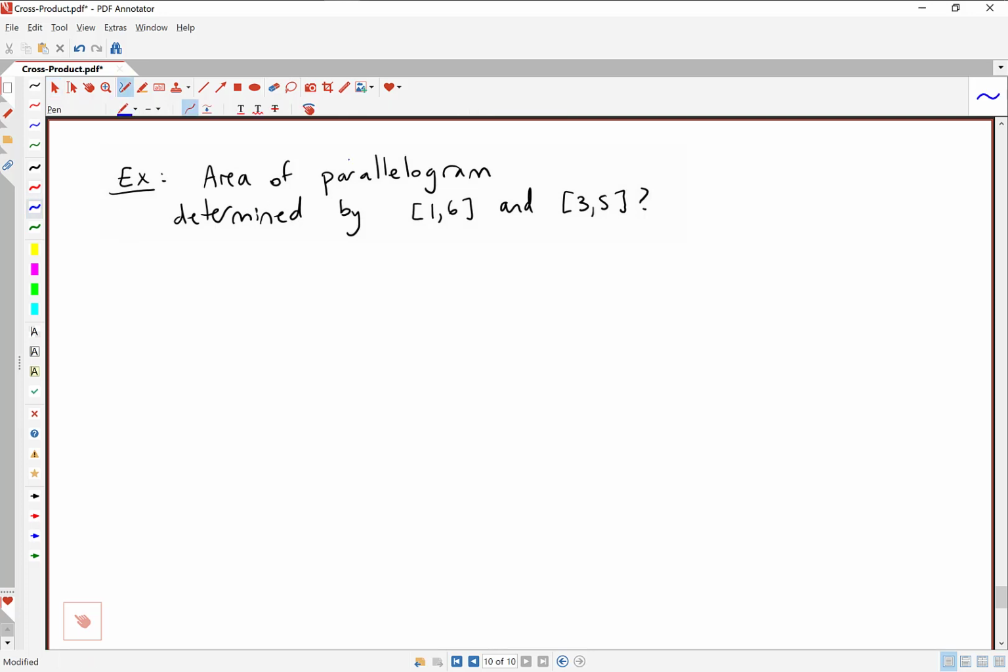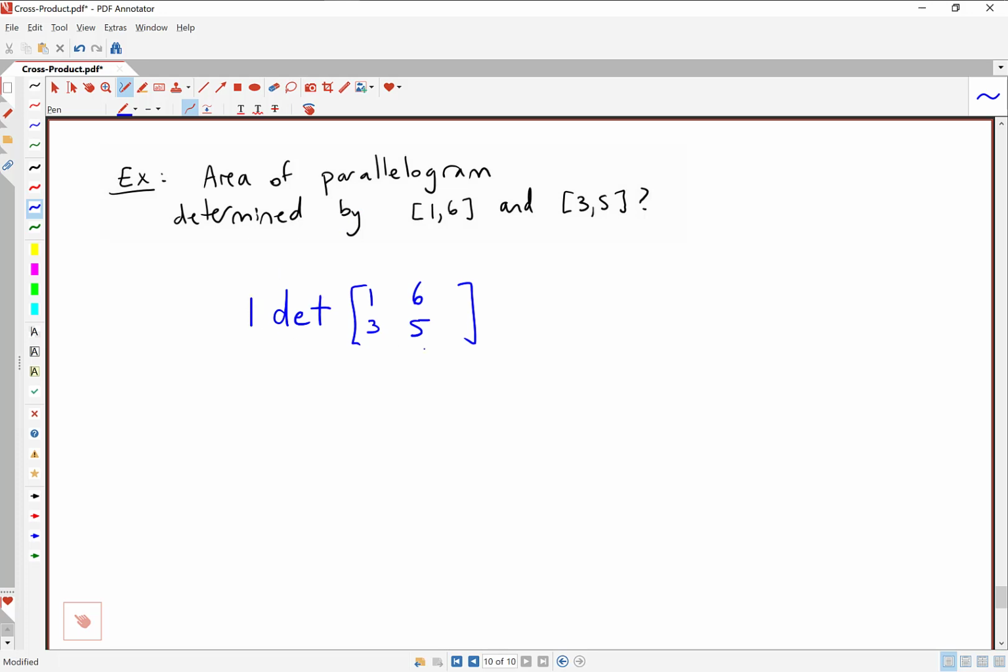All right, let's find the area of the parallelogram determined by 2 vectors in R2. So the way I think about this is, well, I can form a 2 by 2 matrix just by putting these 2 vectors into the rows of that matrix. And then I can boil that down to a number just by taking the determinant, but a determinant may come out positive or negative.